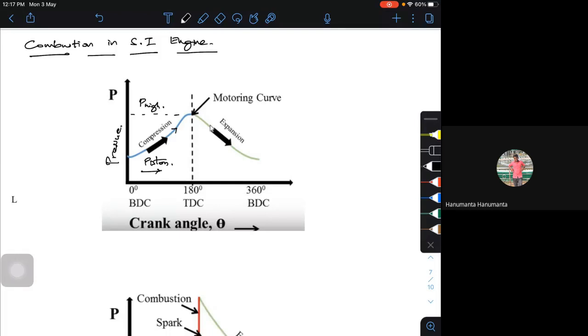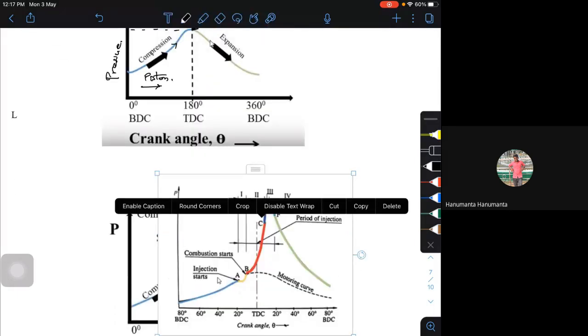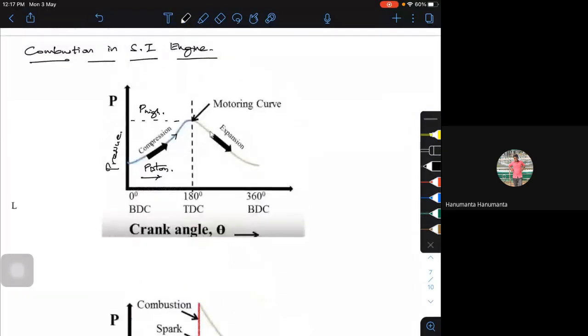And then if it simply expands, I'm not going to do any kind of spark ignition. If there is a drop in the pressure and it comes to BDC, this type of curve we call a motoring curve.